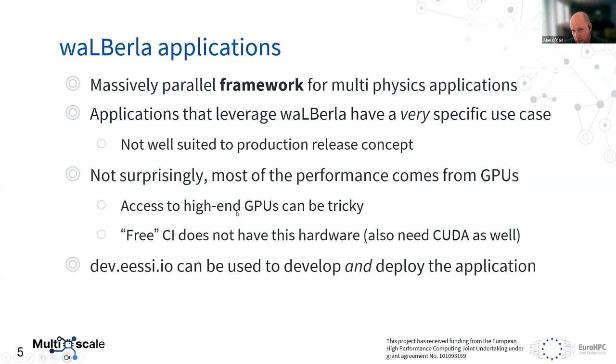And then as we've also seen, a lot of what he's interested in terms of performance is coming from GPU usage. And getting access to high-end GPUs can be tricky, right? So Matteo's lucky, he's sitting in Leonardo, who have access to all the systems at Ginica, but he has GPUs available to him.